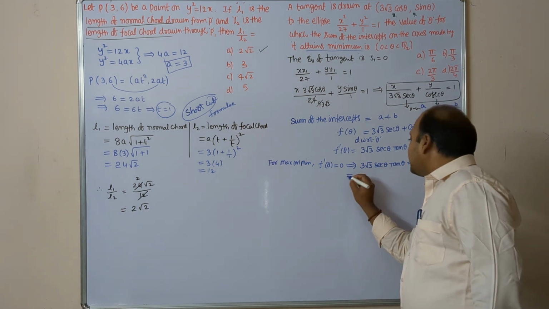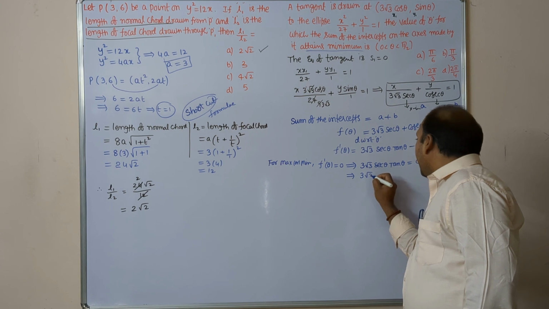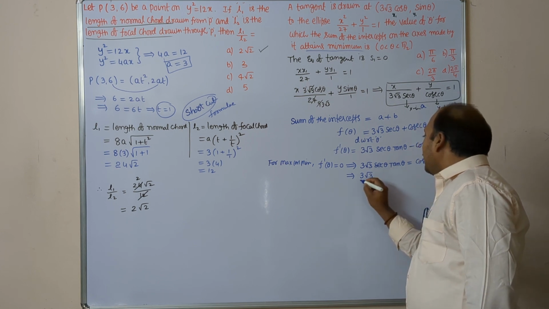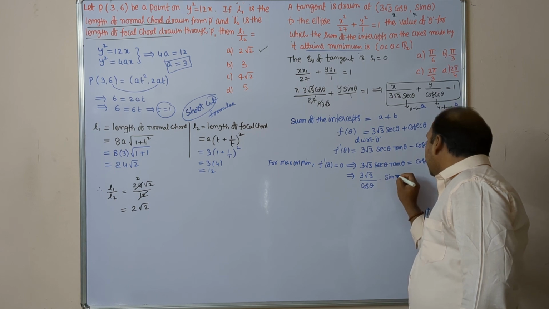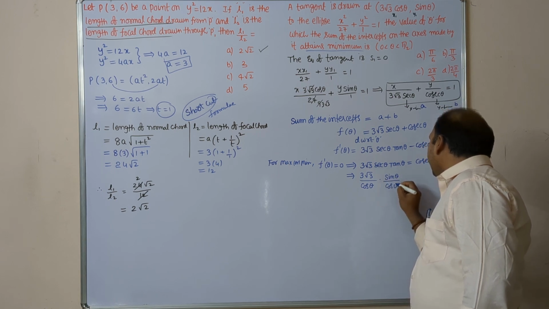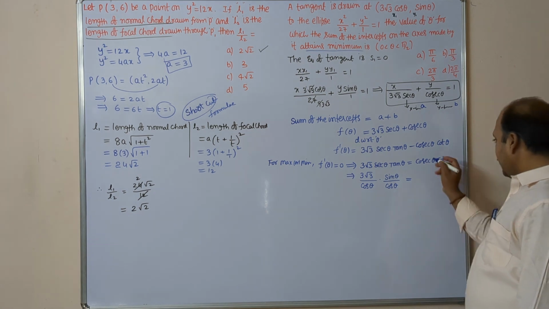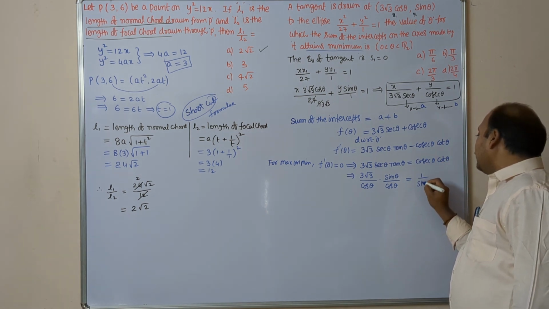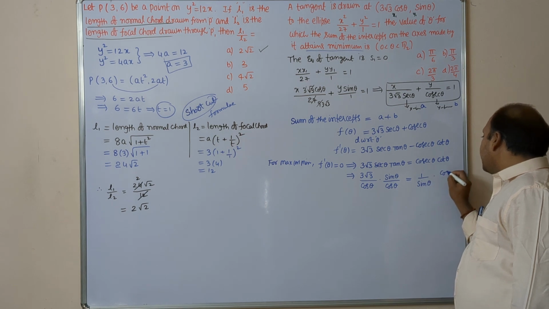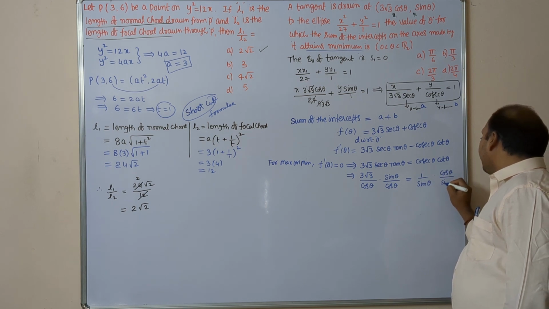So that implies 3 root 3 times 1 by cos theta, sin theta by cos theta is equal to, cosecant theta is 1 by sin theta, times cos theta by sin theta.